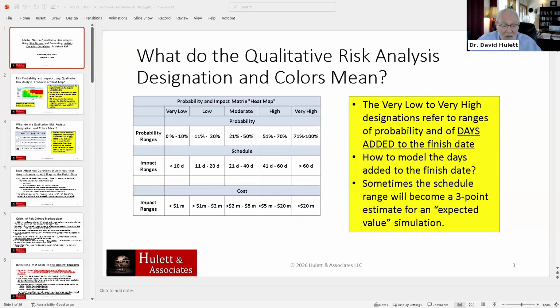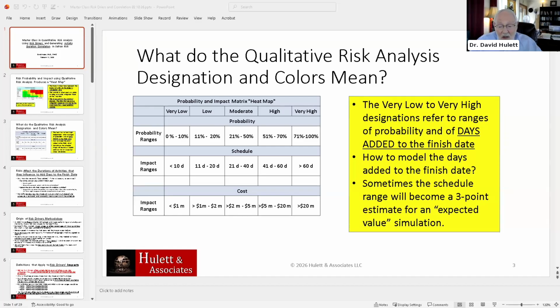Here's the type of guidance we might have. I'm just looking at the schedule. I don't know if you can see my mouse over here, but the schedule is sort of taken like this. Anything less than 10% is a very low impact.